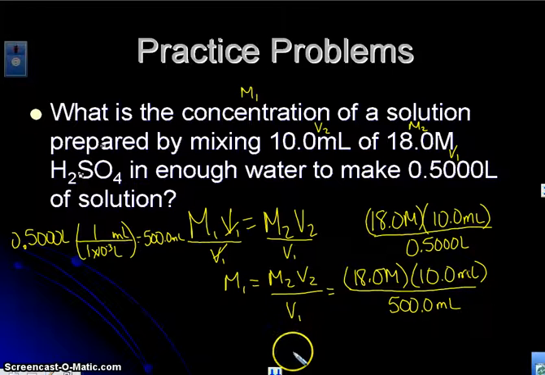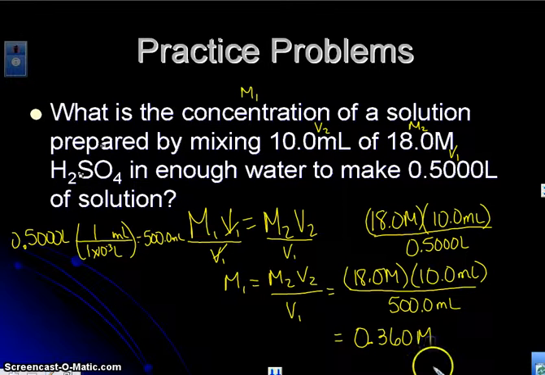When we work that out on our calculator, we should end up with 0.360 molar. Make sure you can see that the milliliters will cancel, and that gives you molar, or molarity, for your unit, moles per liter. And for the correct number of sig figs, the smallest number of sig figs in our problem is 3.